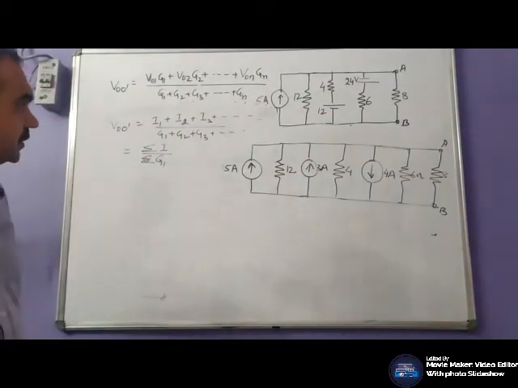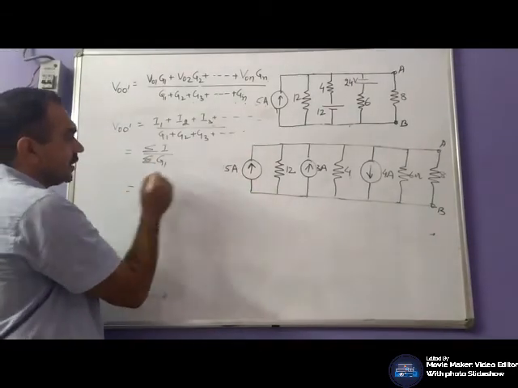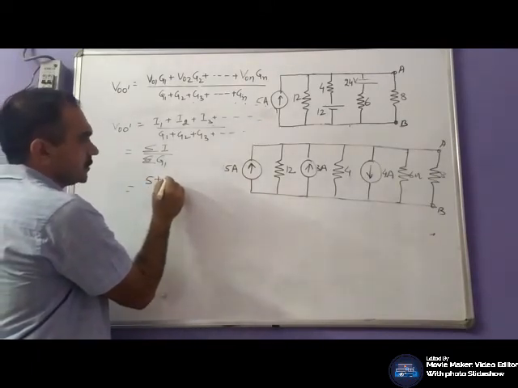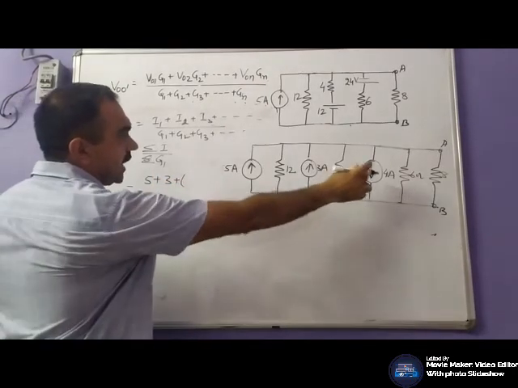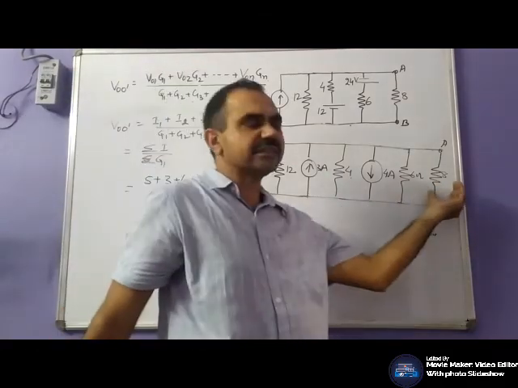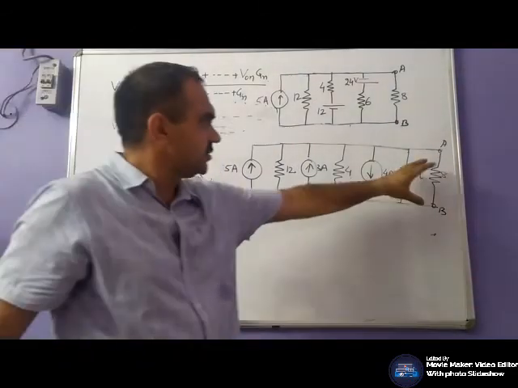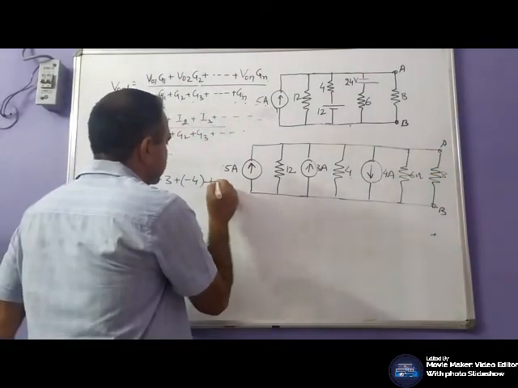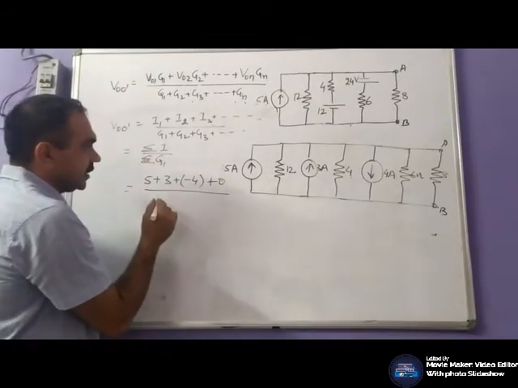Now, what will be the algebraic sum of currents? We have three currents: 5 plus 3 plus, here the direction was reversed, minus 4, and this branch is not having any current source, so assume it is having a 0 element, plus 0.